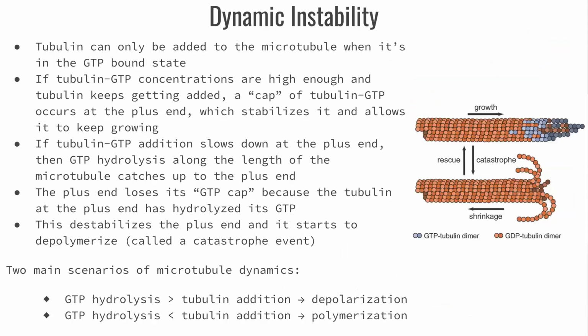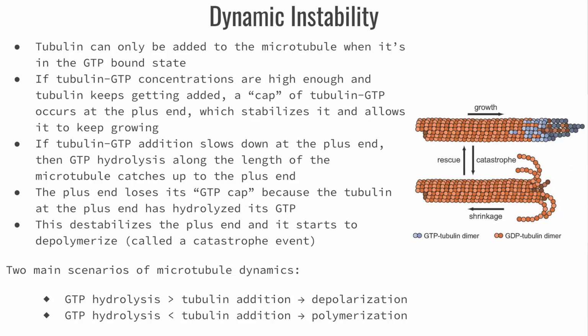Okay, so microtubules have this thing called dynamic instability, which is very important because it allows for microtubules to polymerize and depolymerize based on what the cell needs, if it needs to divide or if it needs to bring new cargo to different places.